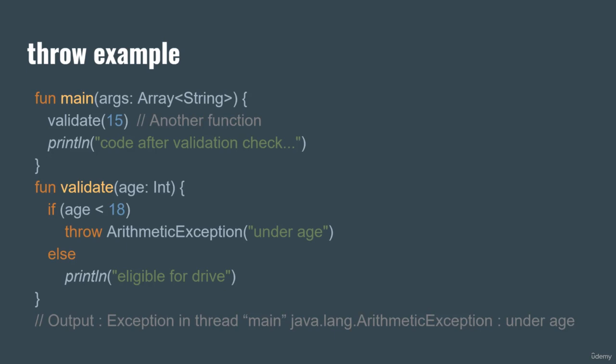So the output here is exception in thread main java.lang.ArithmeticException: under age. After the colon comes whatever we have entered in those brackets, so in our case, under age. This is something that comes in handy when you want to check your code correctly. You just want to throw these kinds of errors in order to break your code, in order to understand where the problems arise.